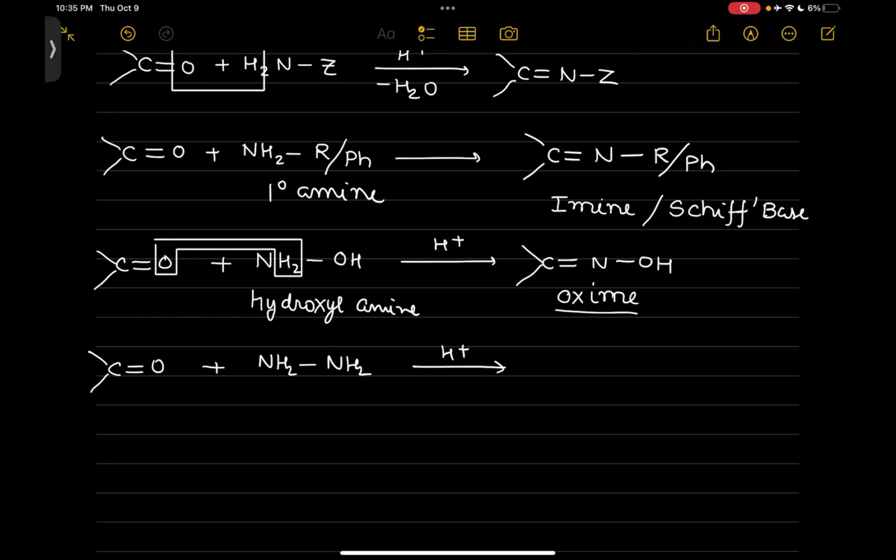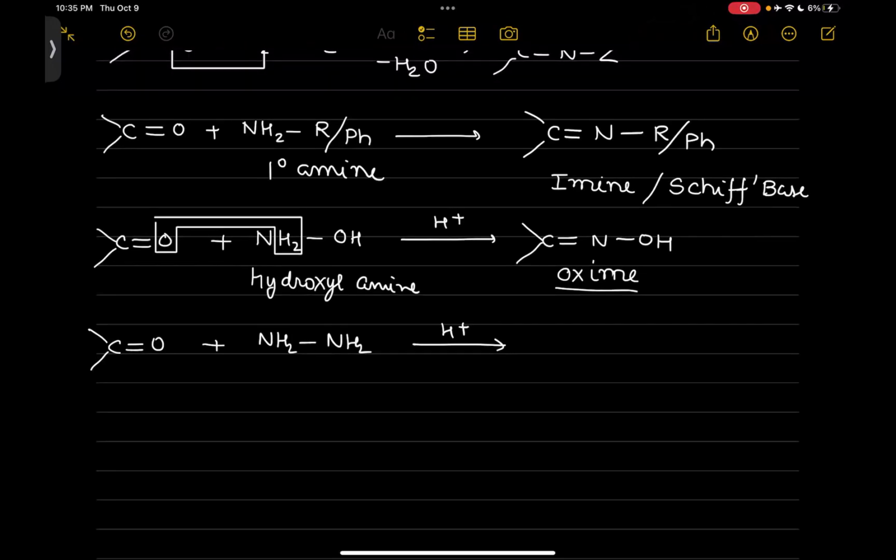Getting my point or not? The name of the reactant and the name of the corresponding product. So this is very, very important, hydrazine.